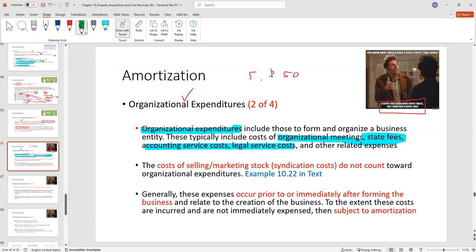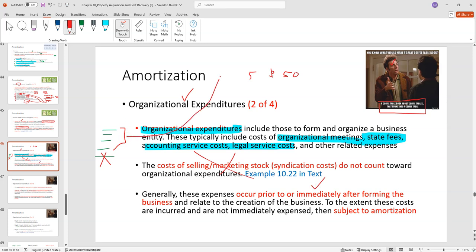What we need you to do is list out all of your organizational expenditures that meet that criteria. One thing that does not count is syndication costs, like anything towards marketing your stock or trying to get people to buy into the company. But you want to figure out what these total costs are, typically those before you start a business.